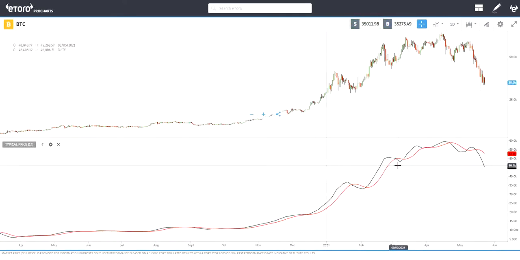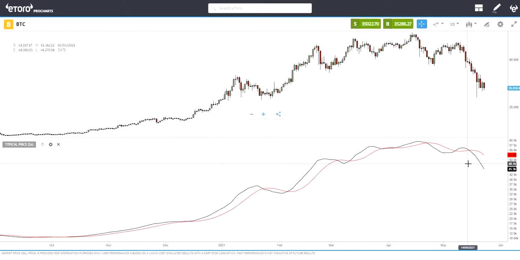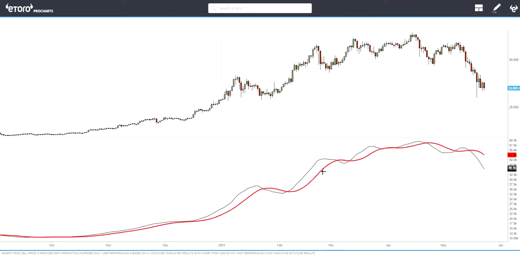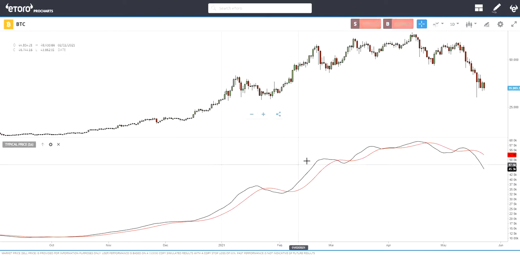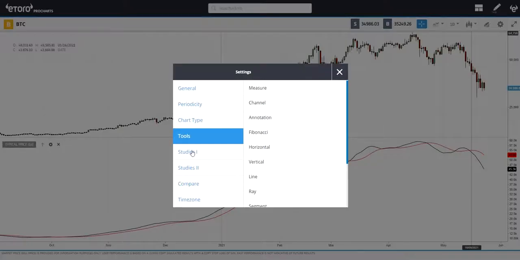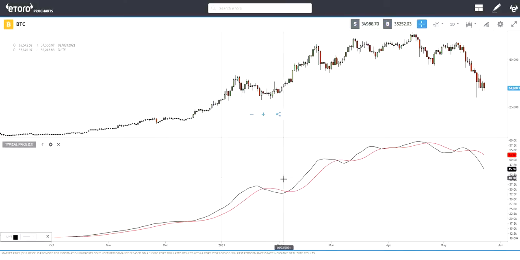Okay, let's check a couple of signals. Just a quick recap of the signal generated by moving averages. It works like using two moving averages. Anytime the typical price crosses above the moving average, that's a buy signal. Let me add a couple of vertical lines.